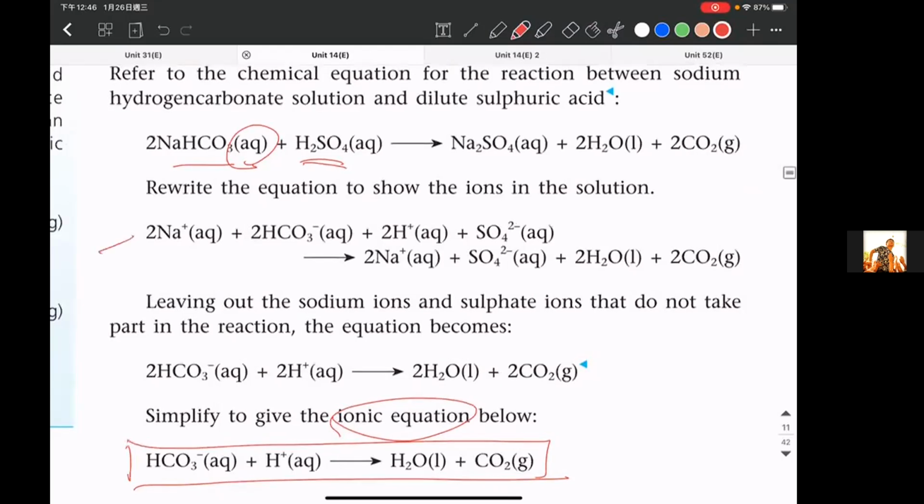For this equation, what are the spectator ions? Anyone who can help?